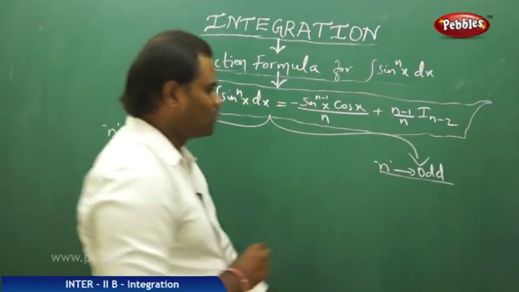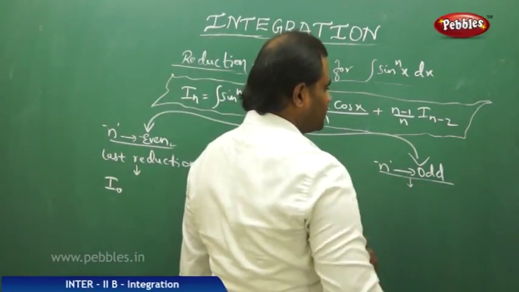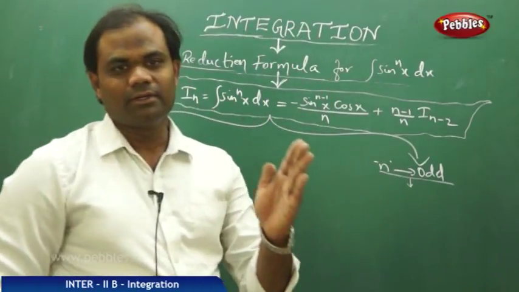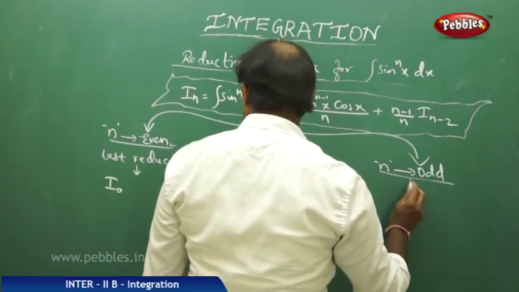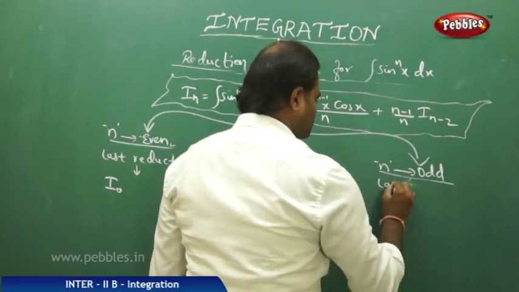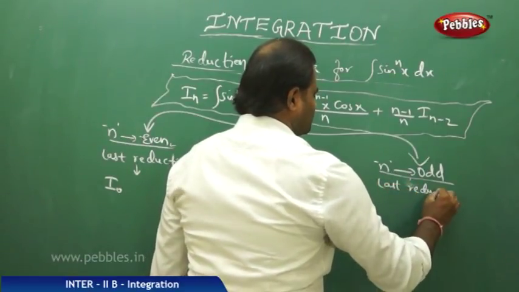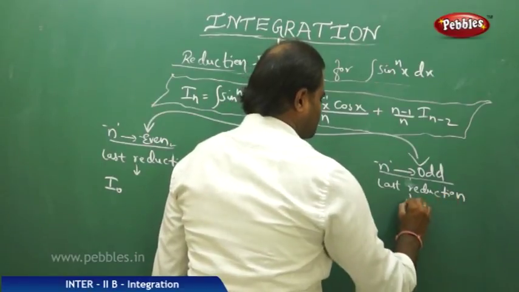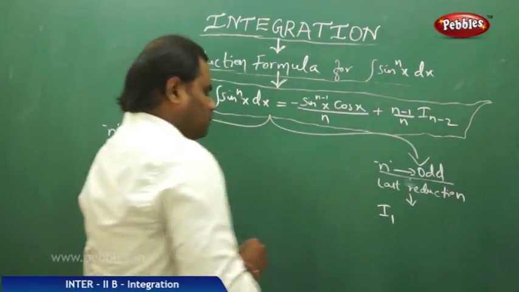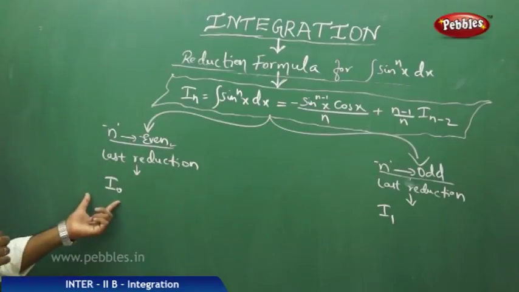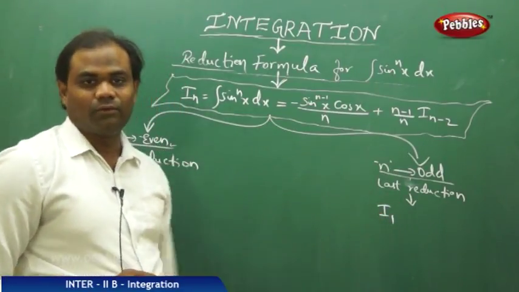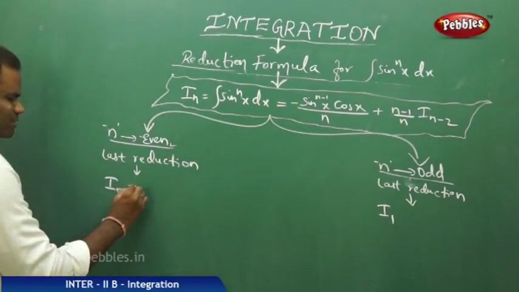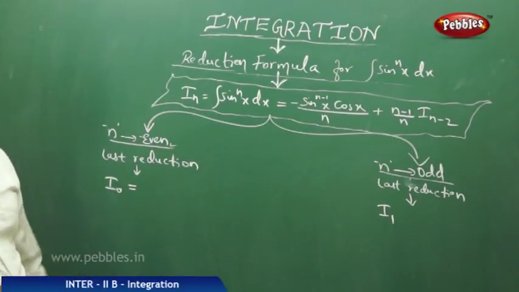And if n is odd, then it reduces in the form 7, 5, 3, 1. So here the last reduction is I1. So in the case of n even, the last reduction is I0, and in the case of n odd, the last reduction is I1. Therefore, let's calculate I0 and I1 in this case.